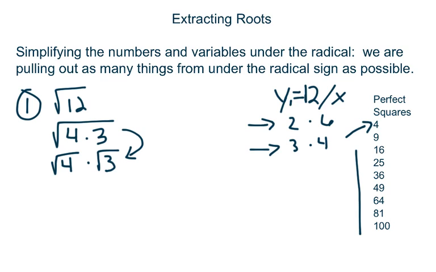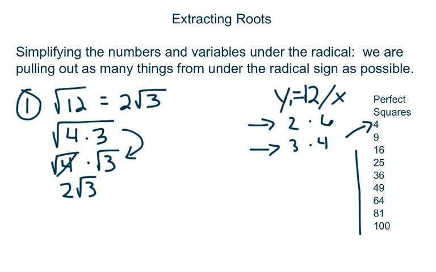These two are the exact same thing. Okay? We can break those numbers apart. So the square root of 4 is 2. And the 3 is not a perfect square, so it's going to stay under there. So when we say simplify the square root of 12, we're going to have 2 square root of 3 as the simplified form because we've gotten as much out from underneath the radical as possible.